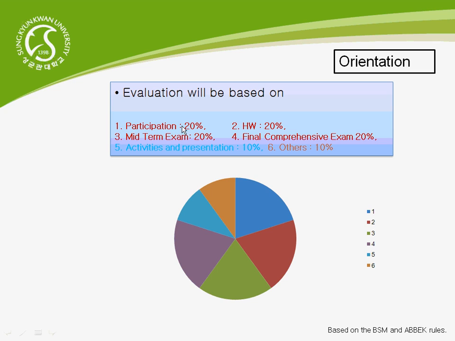Your participation will be counted as 20%, homework 20%, midterm exam 20%, and the final comprehensive examination 20%. Your activities and presentation will be 10%, and all others 10%. So it will make 100%, which gives you a grade. I will give more emphasis to the learning process instead of the exams only.